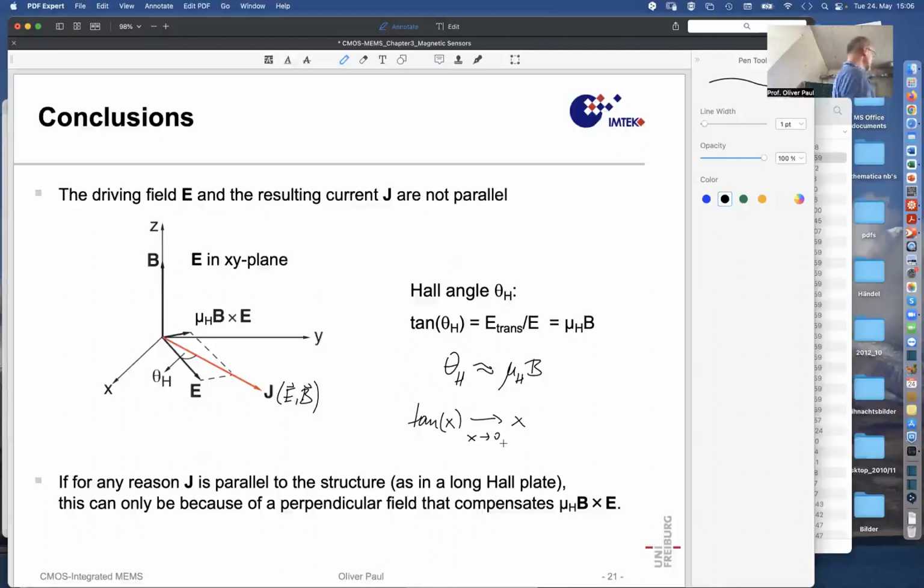Now imagine what happens when J is forced into a direction. Assume a large strip of material, and you drive a current through an electric field, and the current can only flow along that conductor. What does it mean for the electric field? I mean, there must be an angle between the two. I'm drawing this long conductor here.